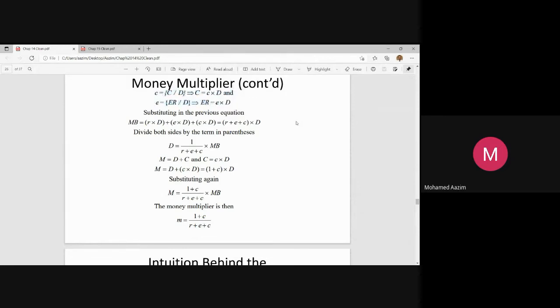So you already know monetary base C plus R. In the last slide, we expanded C plus R. We maintained the C. We expanded the R into required reserves plus excess reserves. Required reserves, we said, it is small r, required reserve ratio times deposits.